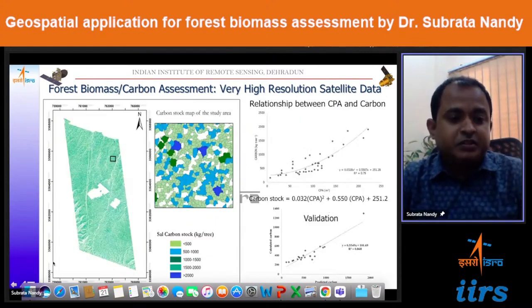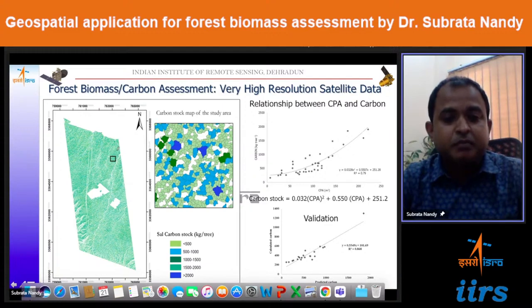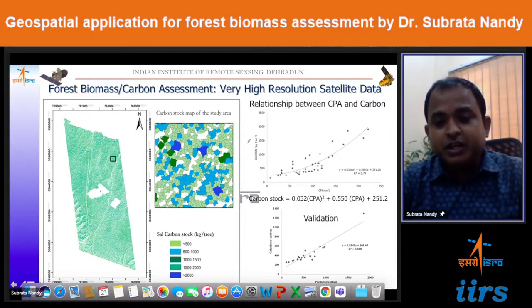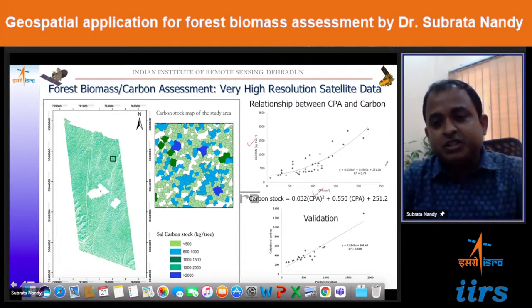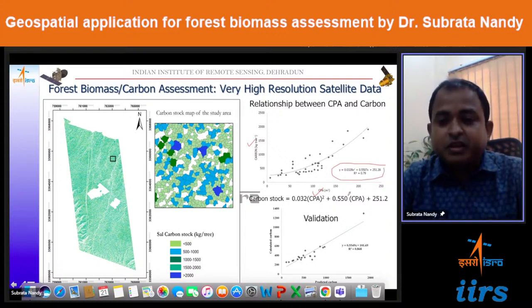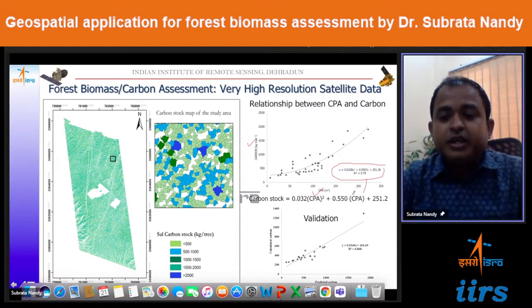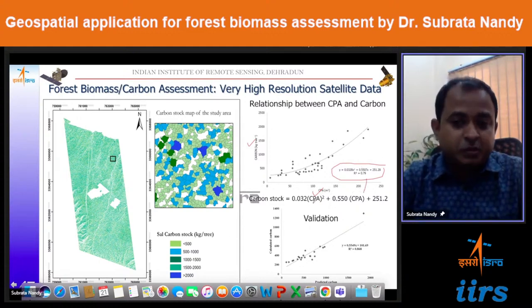So here in this case, if you see, this is the map generated using a relationship between carbon and ground projection area, which is depicted here also. Here X means CPA.